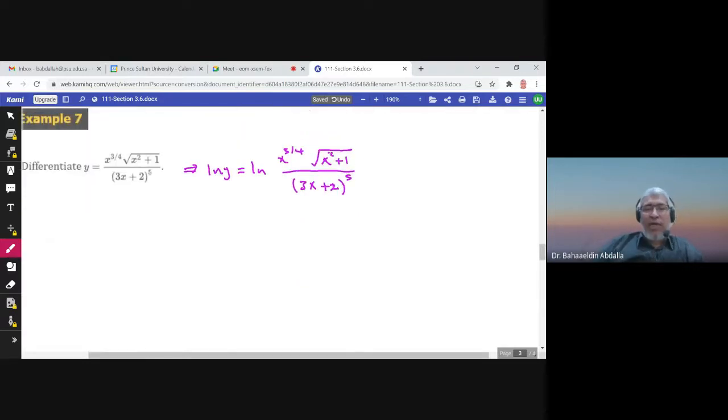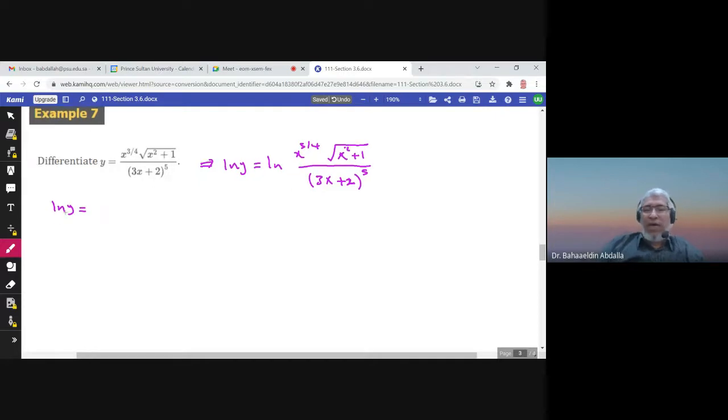So I can write ln y equals. I have a quotient and a product, okay? So let me write all the steps for the first time. So ln the numerator minus ln the denominator.